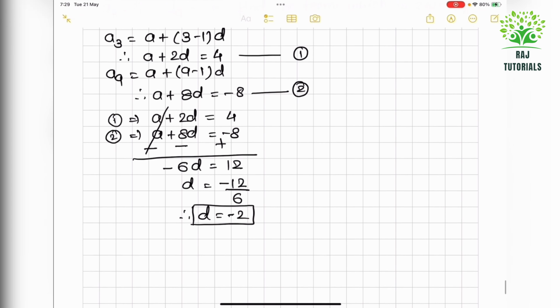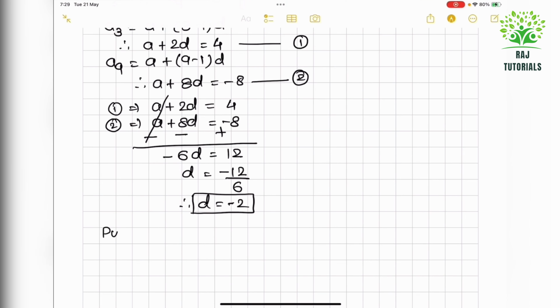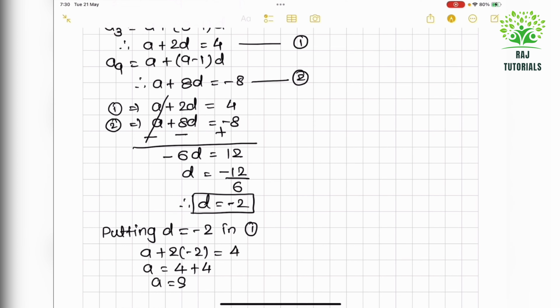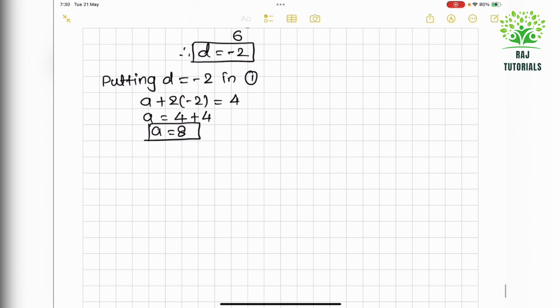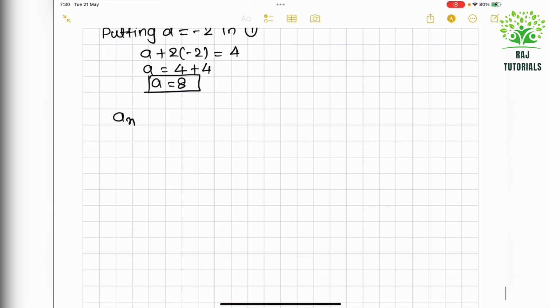Now D equal to minus 2, putting in 1. So A plus 2 into minus 2 equal to 4. So A equal to 4 plus 4. So A equal to 8. Now I know the value of A, I know the value of D, and I am asked the term which is 0. So again using the formula An equal to A plus n minus 1 D, I have to find the value of n.